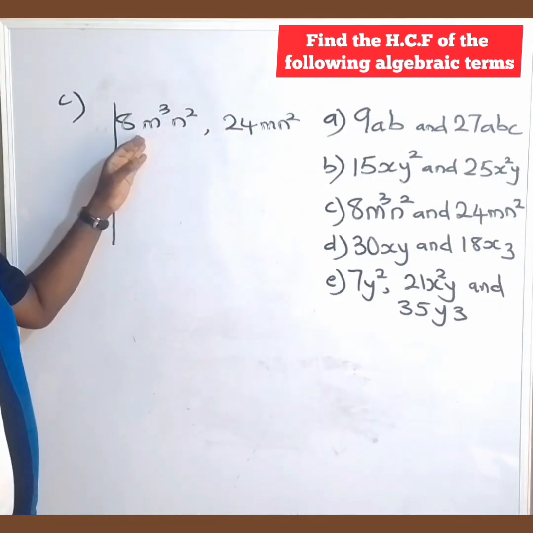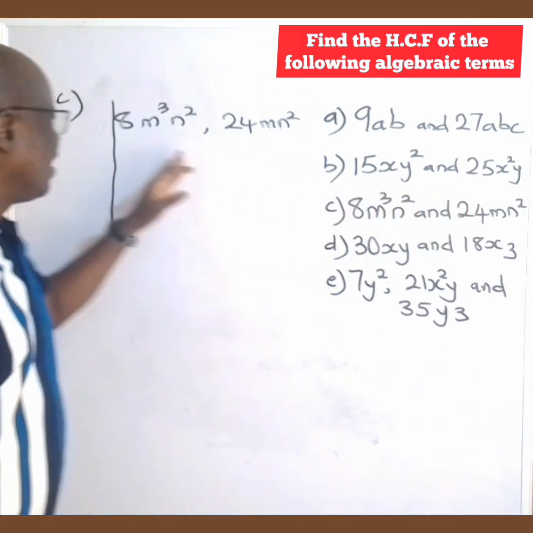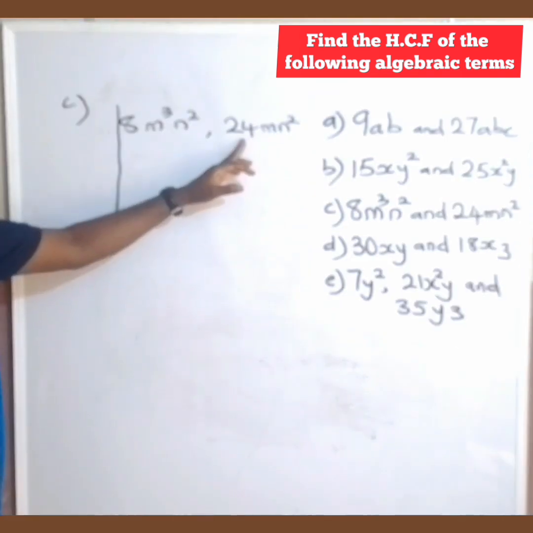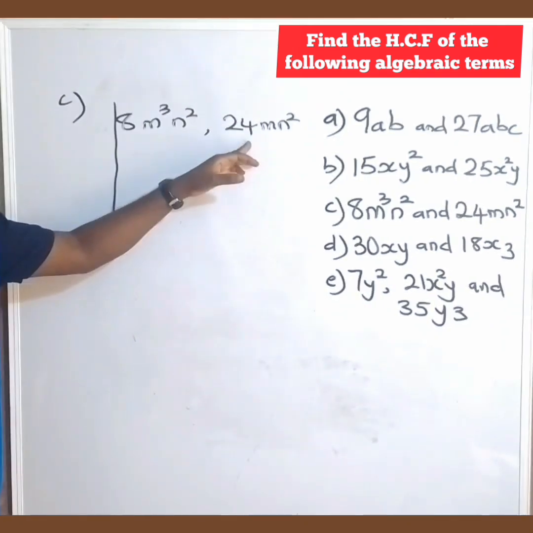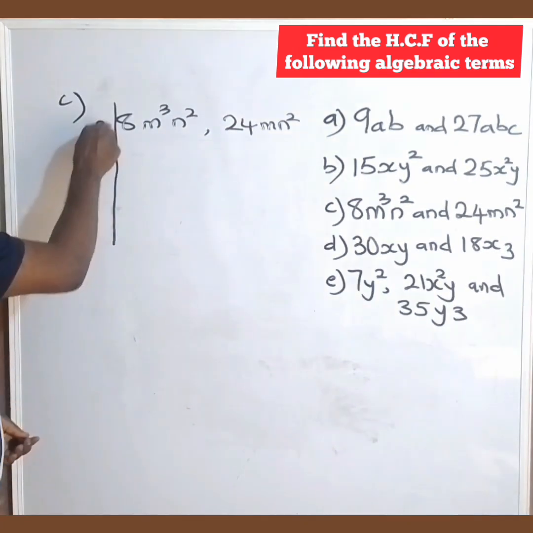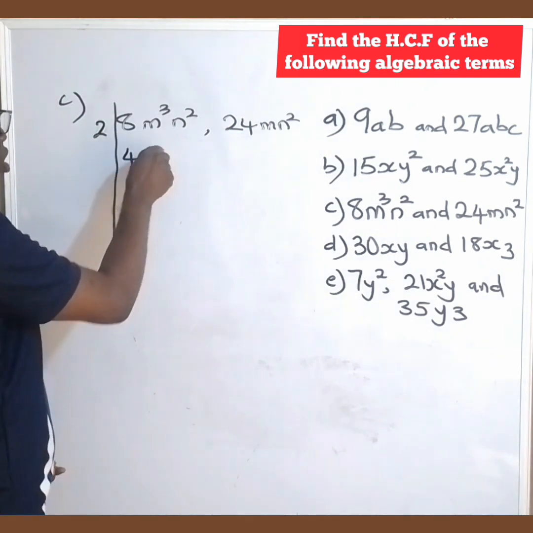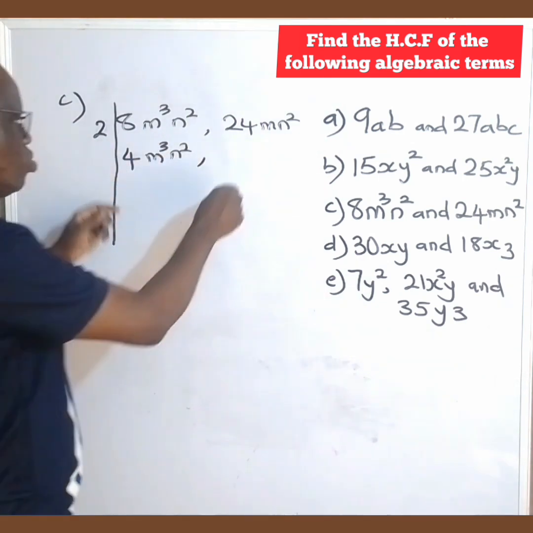For this C part, we have this already written down. First of all, settle with the numbers. This is 8, this is 24. What is the least number that can go into 8 and 24? We have 2, so you have 4 here. 8 divided by 2 is 4. 24 divided by 2 is 12.